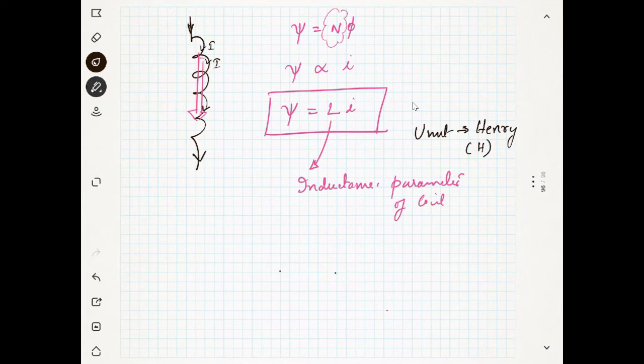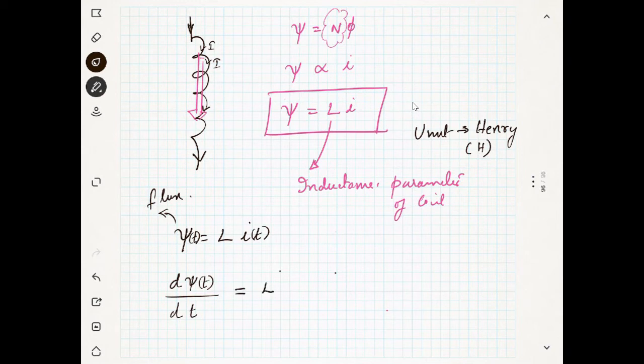Okay, so you know that psi is equal to L into i, and this is the flux. When does the flux change? If you give the time changing current. So psi as a function of t changes whenever the current changes. The rate of change of flux, that is how much flux changes in unit time, I can define using differentiation.